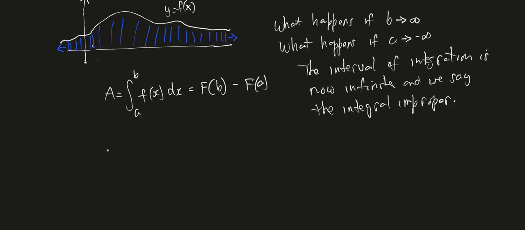Well, something else could happen. So again, the fundamental theorem says the function has to be continuous, or at the very least piecewise continuous. But what if that's not true?